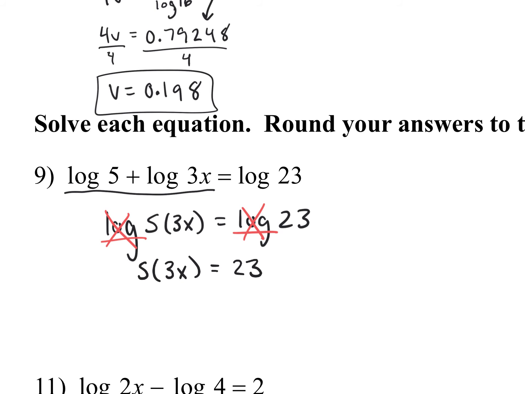What's 5 times 3x? 15x. Just multiply 5 times 3. So 15x is equal to 23. And then what else do we have to do to solve for x? If 15 is being multiplied to x, what's the opposite of multiplication?